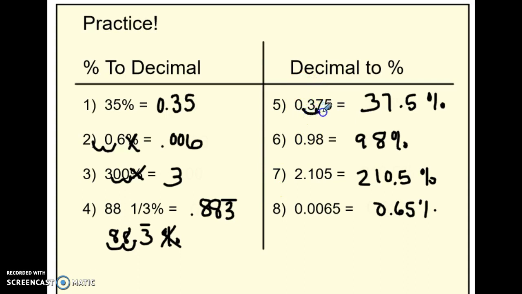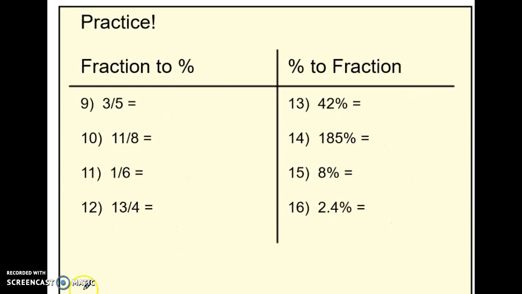You're moving your decimal point toward the percent sign, and you have 37.5%. Number 6, 98%. And number 7, if I move my decimal point 2 places, I get 210.5%. Here I'm going to do the same, and I get 0.65%.